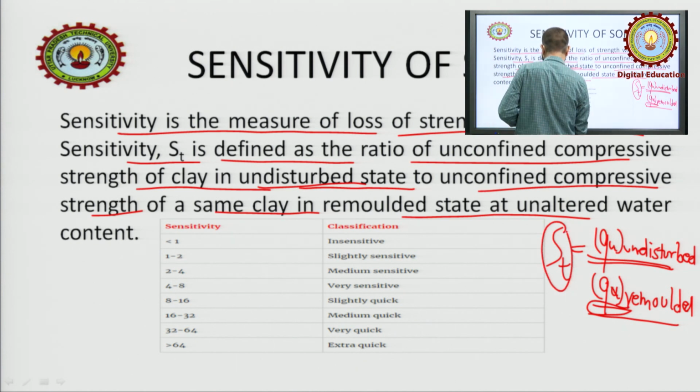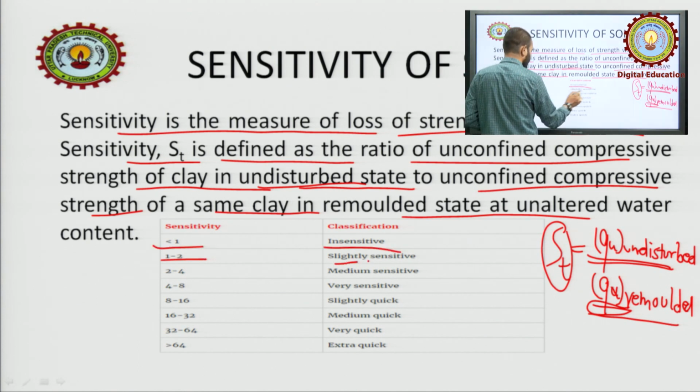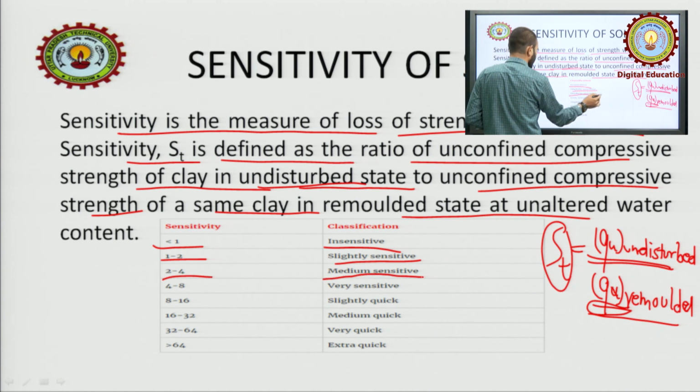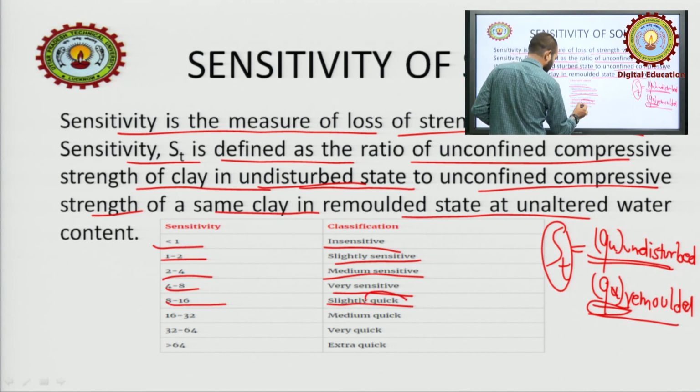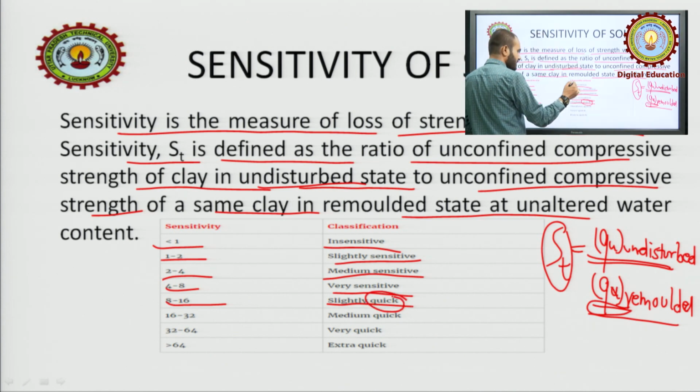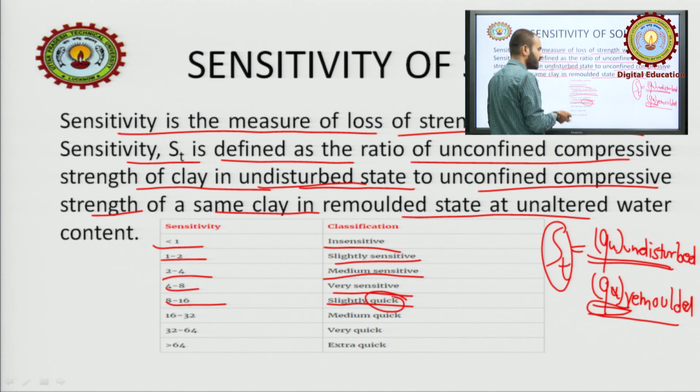You can see the different classification. Less than 1 is insensitive, 1 to 2 slightly sensitive, 2 to 4 medium, 4 to 8 very sensitive, 8 to 16 slight quick. Quick means a quicksand condition, which we will come to later on.